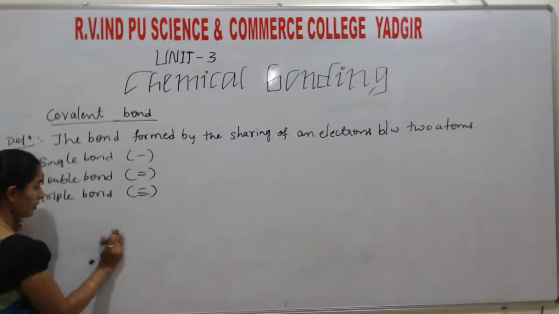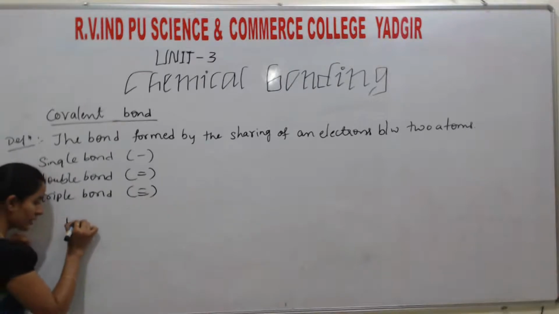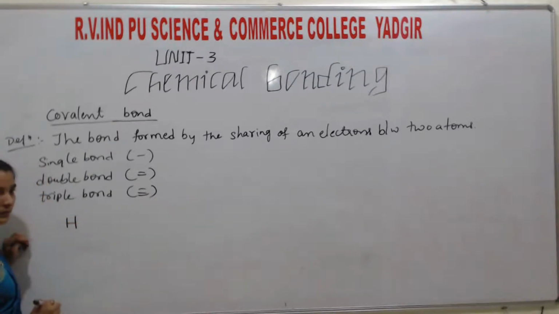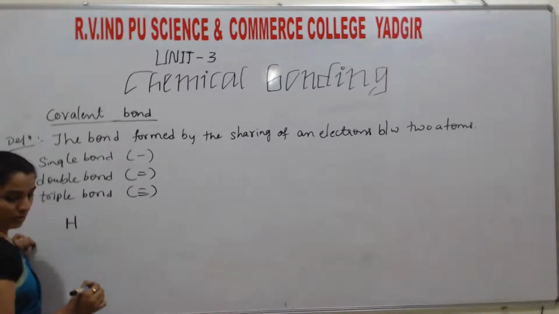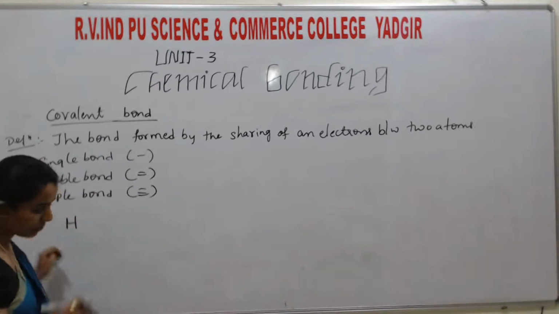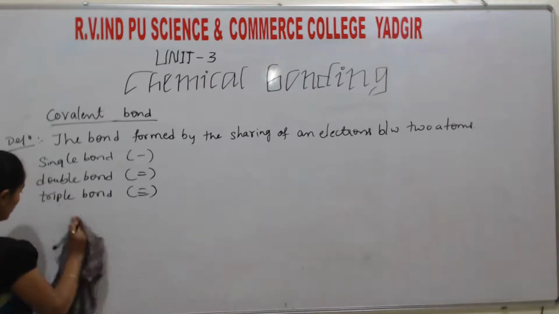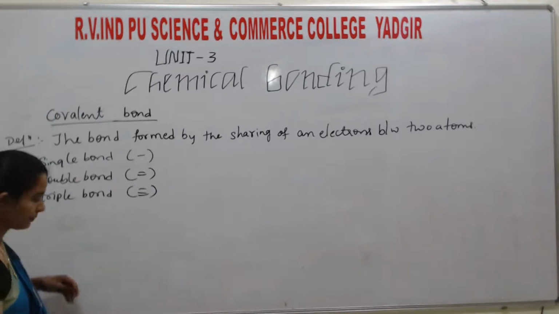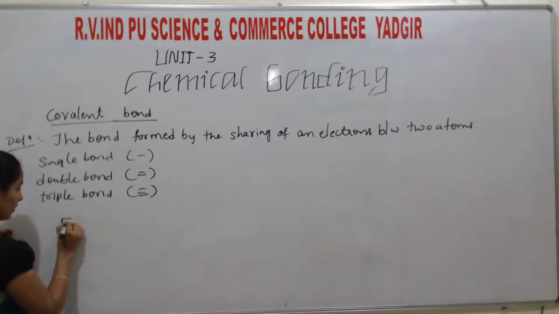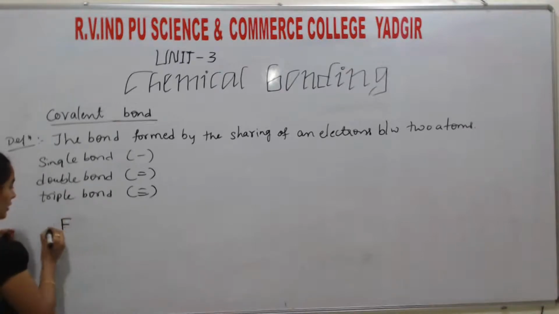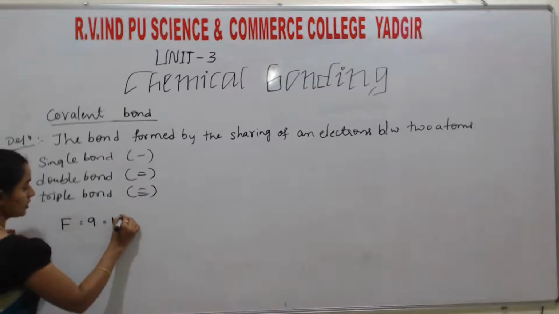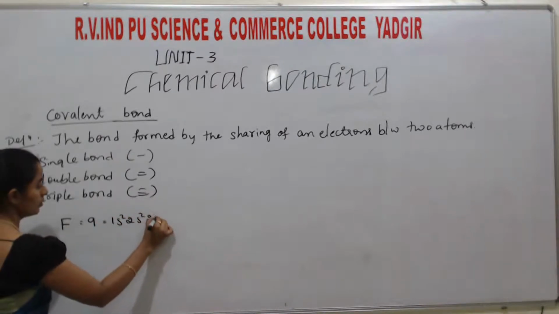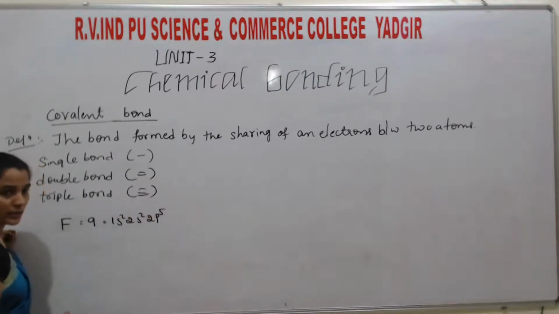Okay, I'll give an example here, students. For example, assume fluorine. Fluorine is there, atomic number is 9, that is 1s2, 2s2, 2p5 configuration.